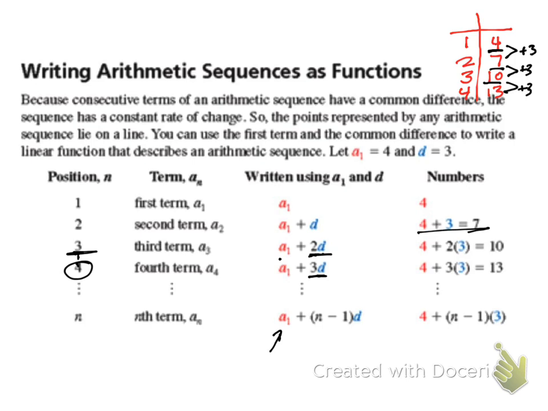So on the 59th term, I would use 59 minus 1, right? And then multiply it by, so 58 times 3. Does that make sense? Okay, that's how we got our n minus 1 in this formula.